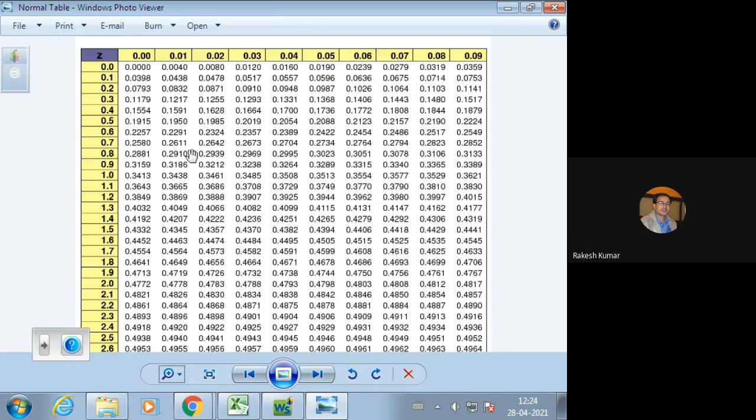सो 0.7 के सामने वाली रो में और ऊपर से 0.02.